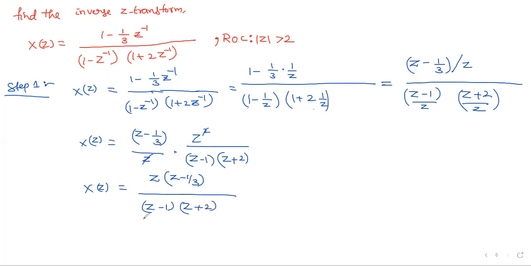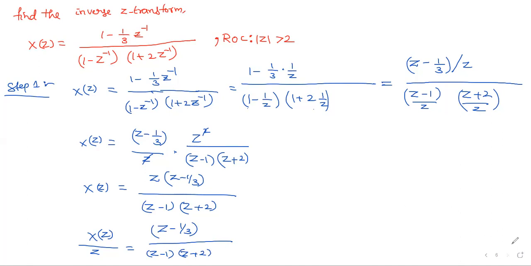Now, what we need to do? Take this Z this side. That means x of Z by Z is equal to Z minus 1 by 3 divided by Z minus 1 into Z plus 2.